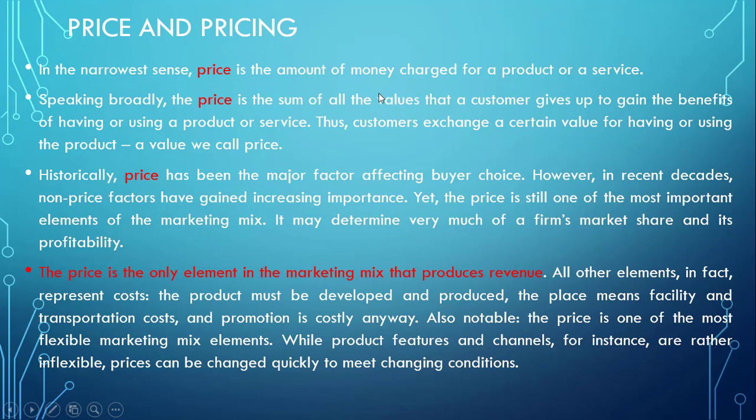For instance, when you purchase certain products by exchanging with another product, that's also a kind of price. You give some value to retailers for the benefit that specific retailer provides you, but it's not in terms of money. So it is also price.